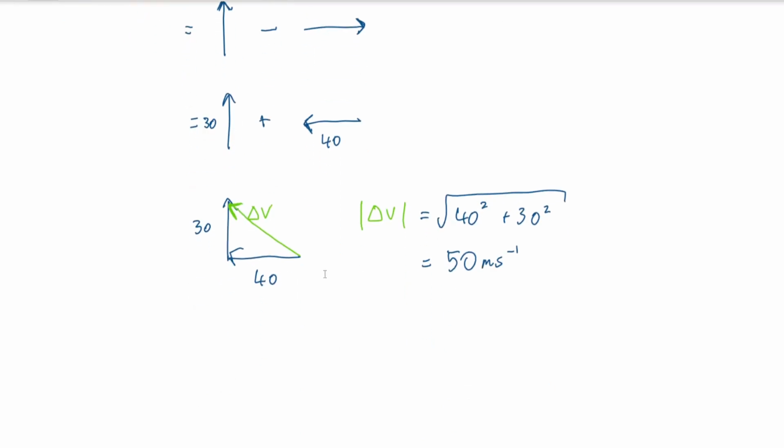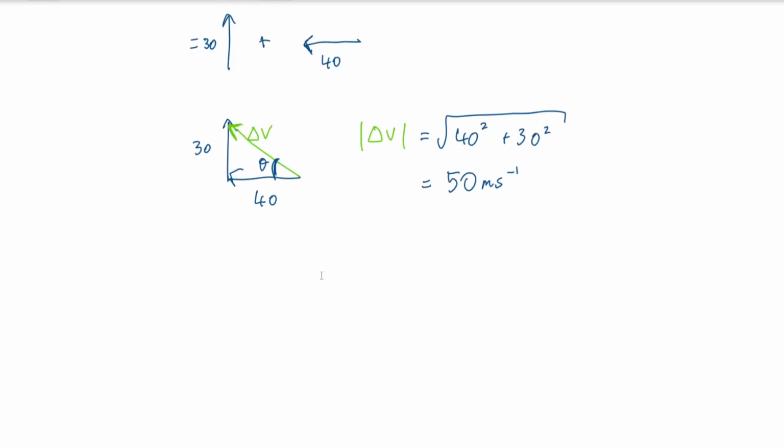So we could calculate this angle right here, label that as theta, and we know from that angle, we know the opposite side and the adjacent side. We also worked out the hypotenuse, but let's use the opposite and adjacent. So we will use the trig ratio tan of the angle is equal to opposite divided by adjacent.